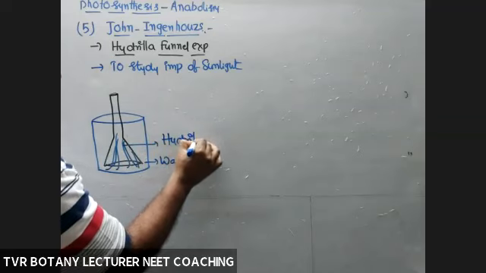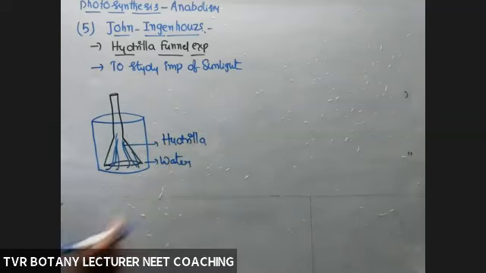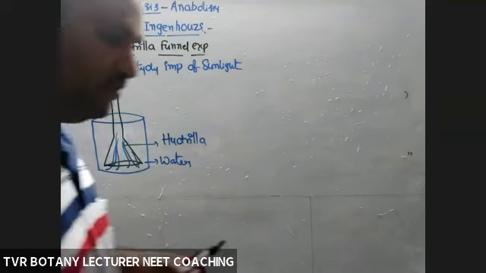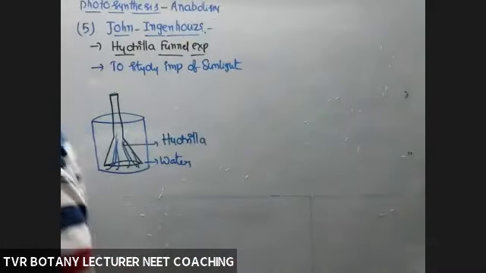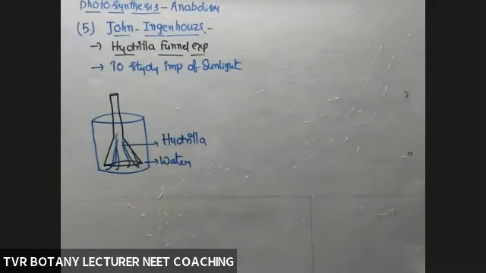So hydrilla is an angiosperm, a flowering plant. Submerged, suspended hydrophyte. Go back to ecology, where you studied various types of hydrophytes, like free floating hydrophytes. Hydrilla is submerged, suspended inside the water only, not in contact with soil and atmosphere.